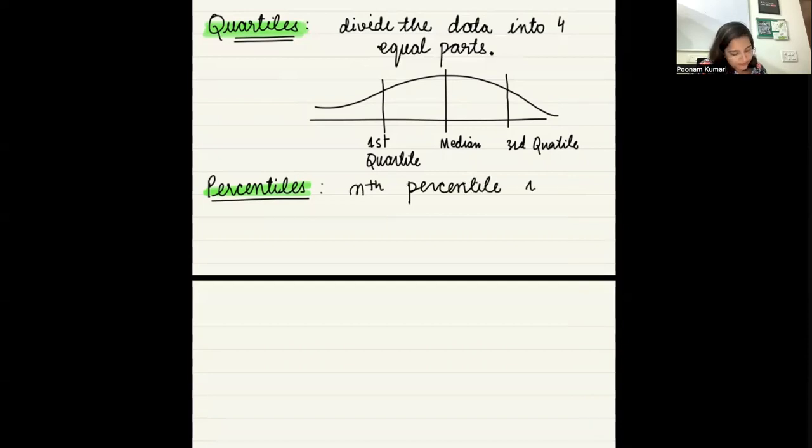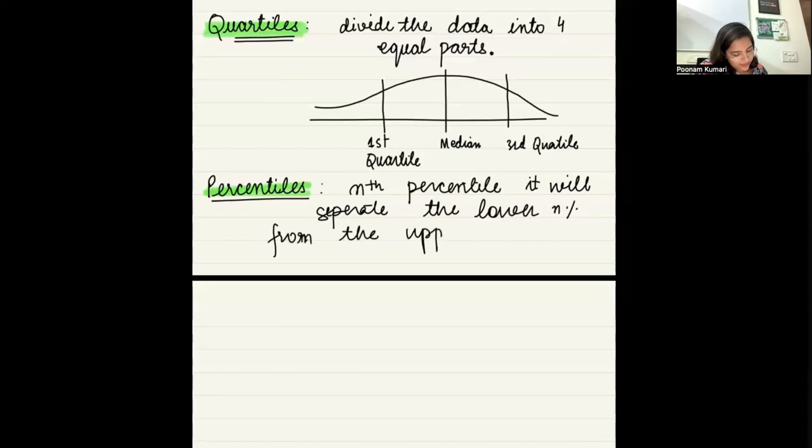It will separate the lower n% from the upper 100 minus n% of data.